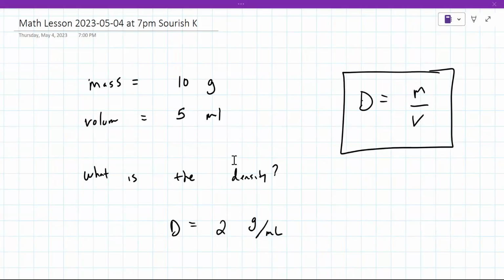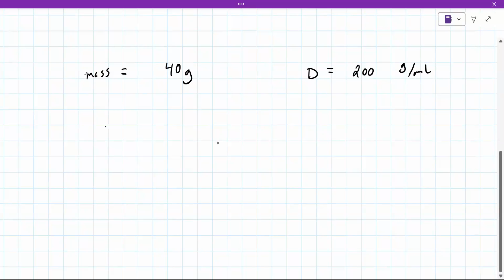So let's say the mass is 40 grams and the density is 200 grams per milliliter. What is the volume? The volume. Yes.